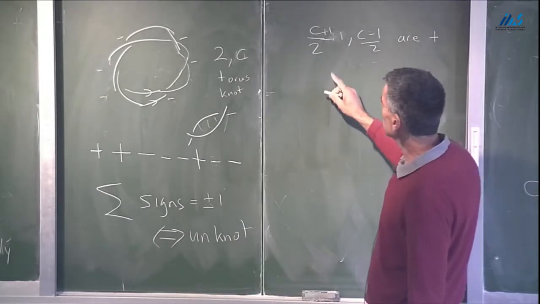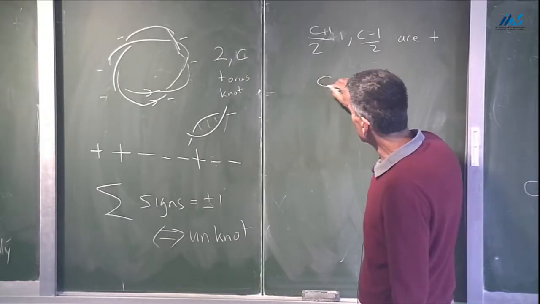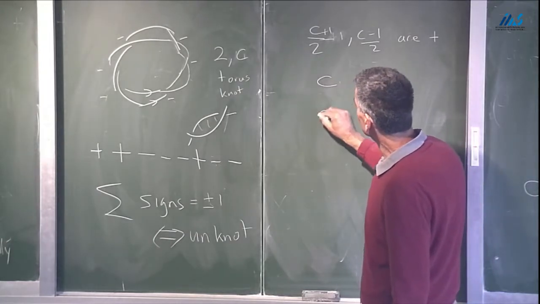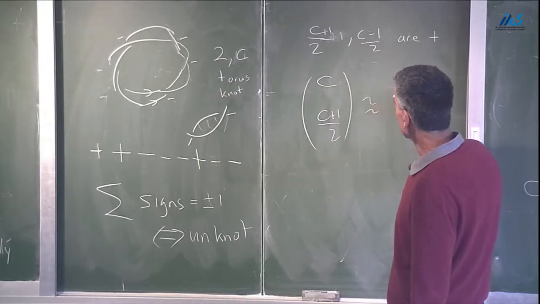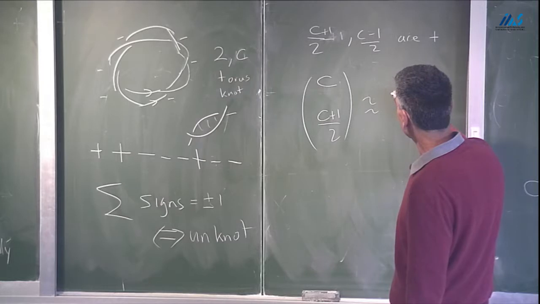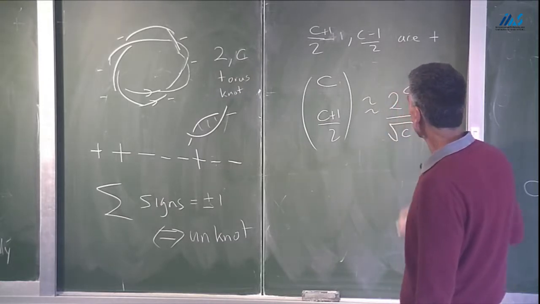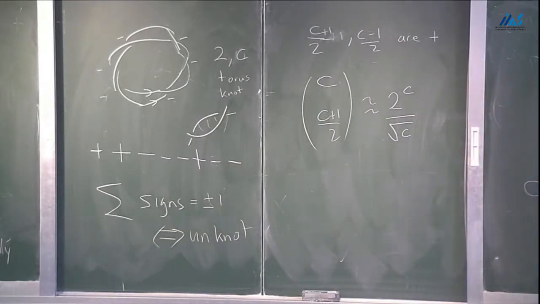So you have to take c choose c plus 1 over 2, which is about 2 to the c over root c, times some constant. So still quite a lot of them are unknotted.